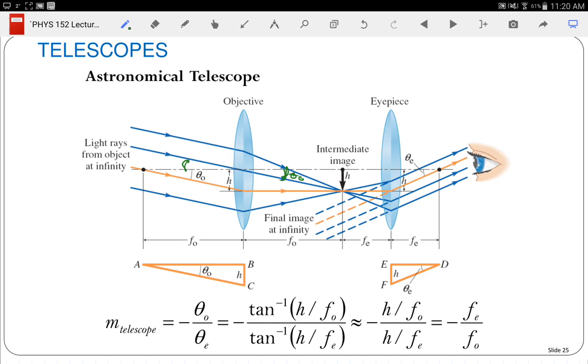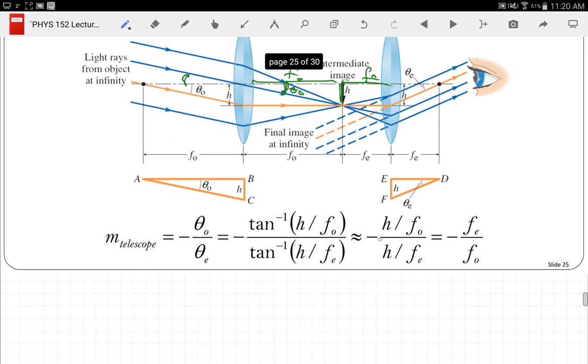And so our unaided angle, or the angle the objective sees, is going to be the height of the image it makes divided by the focal length of the objective. And of course, the eyepiece has the height of the image here divided by the focal length of the eyepiece for its angle. And so the magnification comes out to be actually really simple.